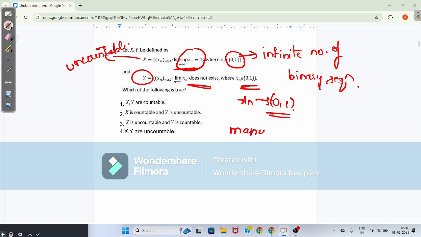It oscillates many times. So this value is also uncountable. So x and y are uncountable, which is the correct option here.